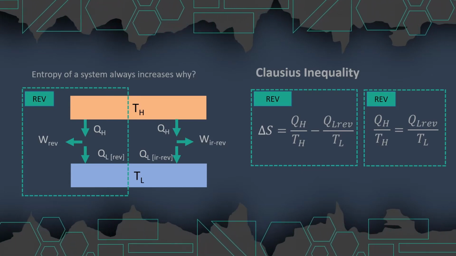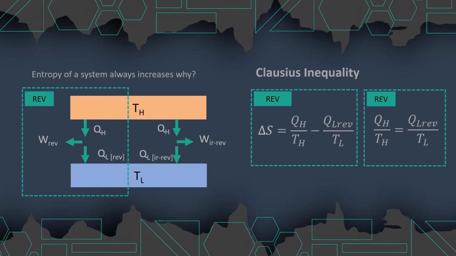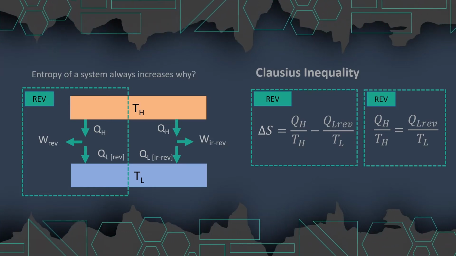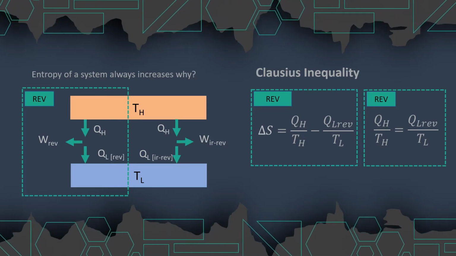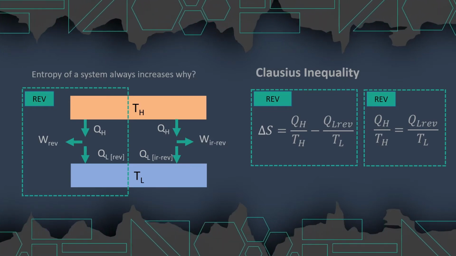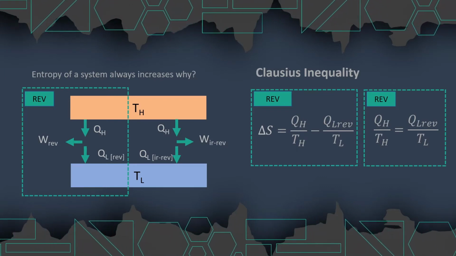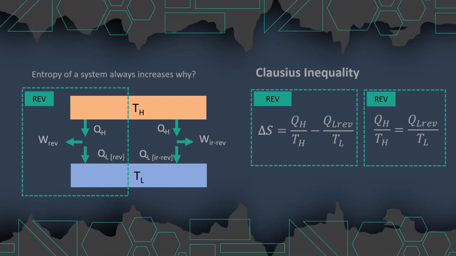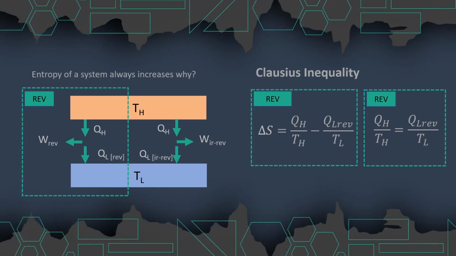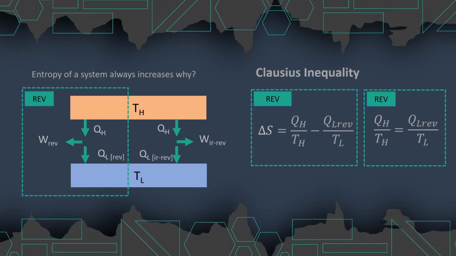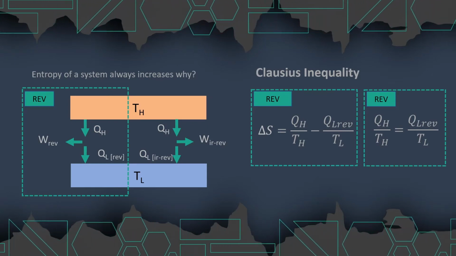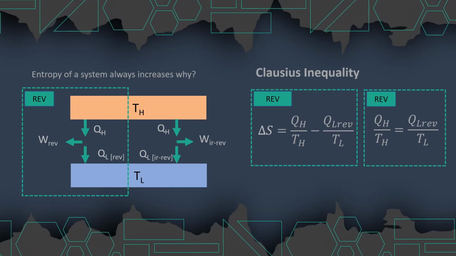To understand, let's take a heat engine with a reversible and an irreversible process. Let us take the reversible side first. If we give the work extracted on the reversible side again to the reversible process itself, it will reach the initial state without any change, and we know that the change in entropy must be zero for a reversible process. This gives us QH by TH is equal to QL reversible by TL.